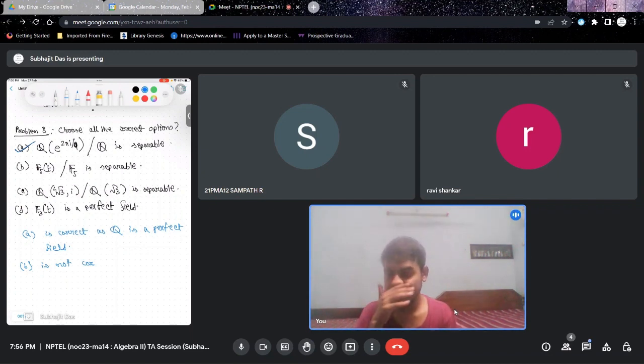So in particular, a separable extension has to be an algebraic extension. So B cannot be correct, as F5 adjoined with T over F5 is not algebraic.